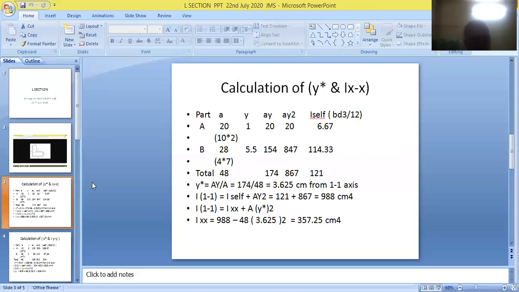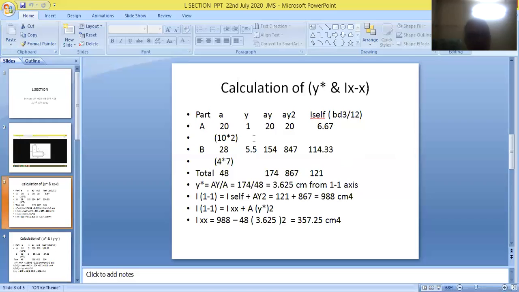So instead of going back and referring to the figure, it's always better to write down the B and D values within brackets, so that very easily, carefully and correctly we can select the values of B and D in this equation. Ultimately, you will be in a position to do correct calculations. So friends, these are the precautions to be taken while preparing these tables.